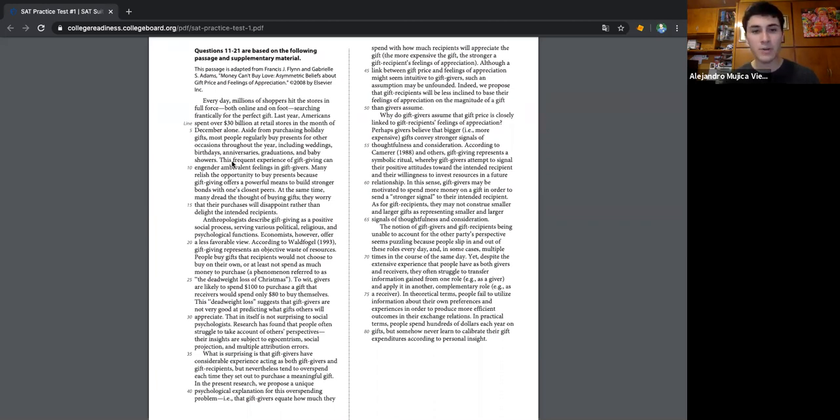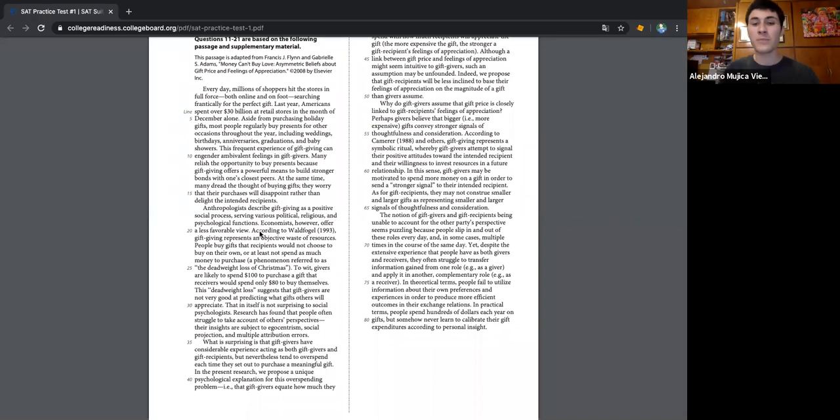The frequent experience of gift giving can engender ambivalent feelings in gift givers. Many relish the opportunity to buy presents because gift giving offers a powerful means to build stronger bonds with one's closest peers. At the same time, many dread the thought of buying gifts. They worry that their purchases will disappoint rather than delight the intended recipients.